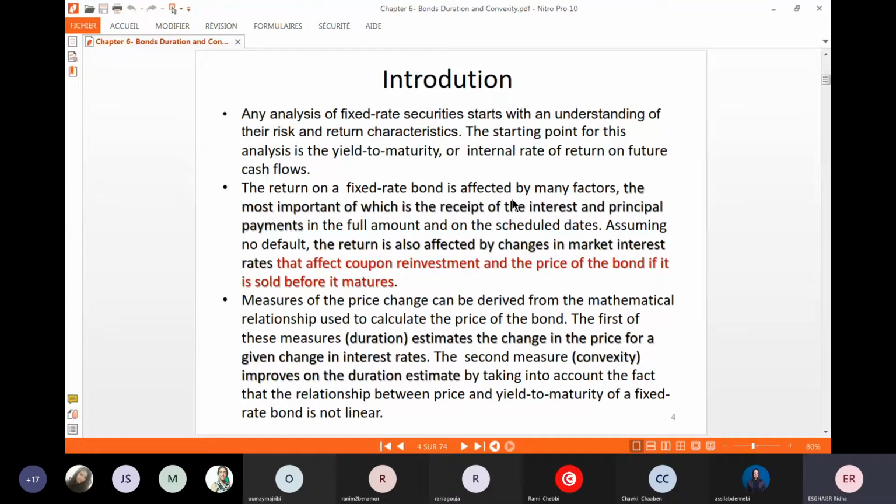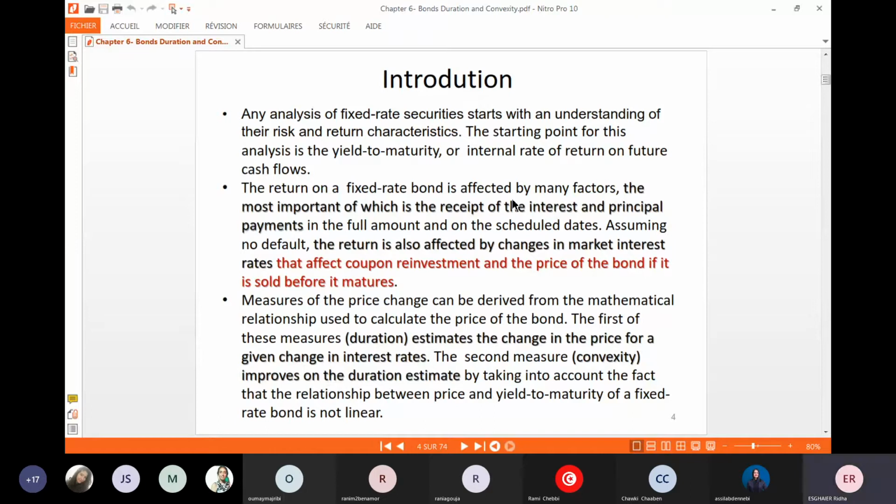If the investment horizon is, for example, 10 years, and I have a bond whose maturity is 10 years, any coupon to be received 1 year from now, 2 years from now, can be reinvested. So if the market interest rates change, the reinvestment rate today will change. This will affect my total return.